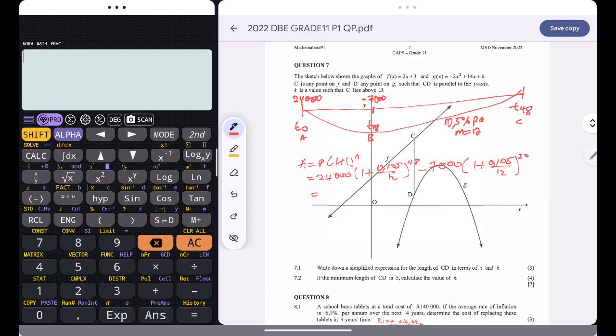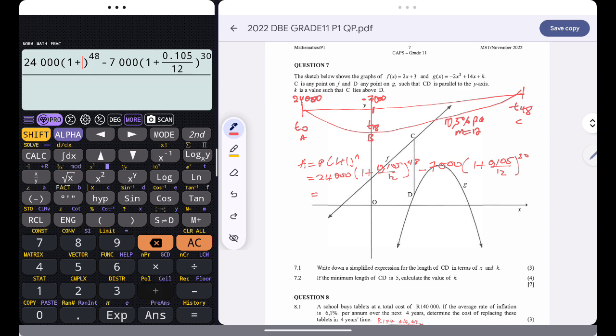Okay, I have 24,000 minus 7,000. This is 1 plus 0.105 over 12. The exponent here, what's the exponent there? That's 48.